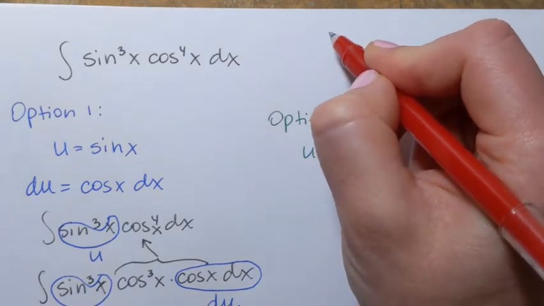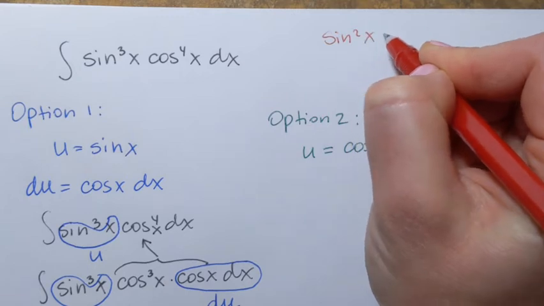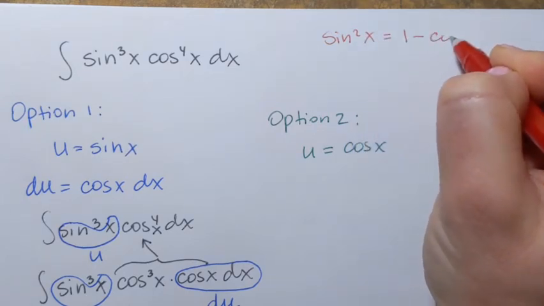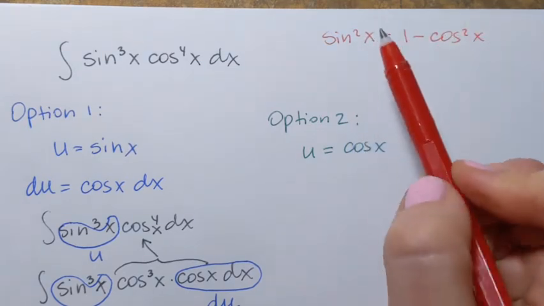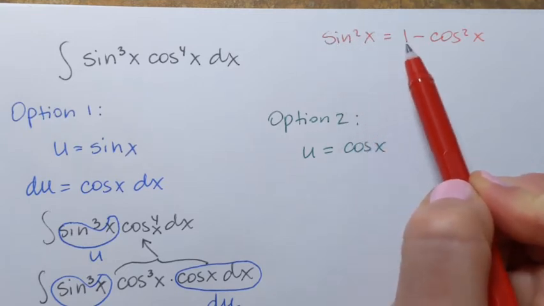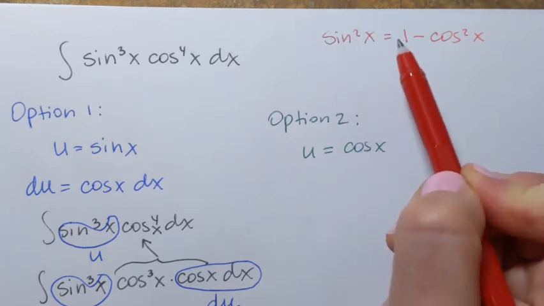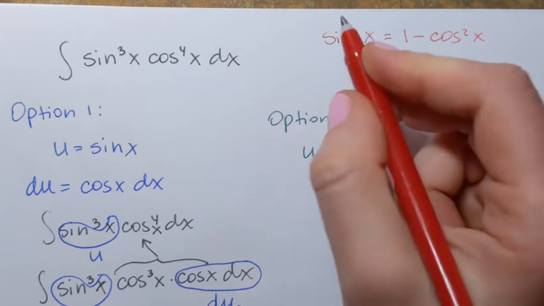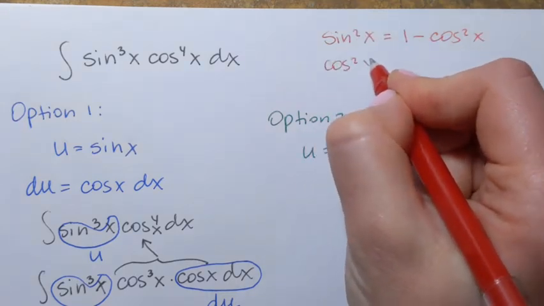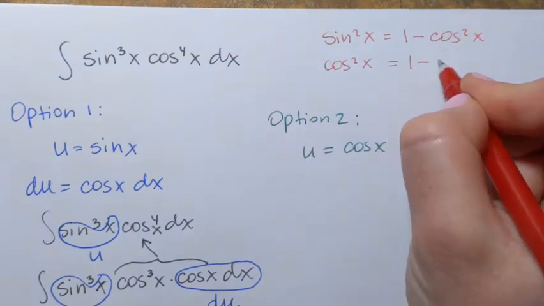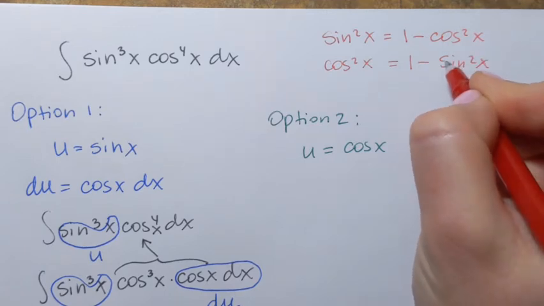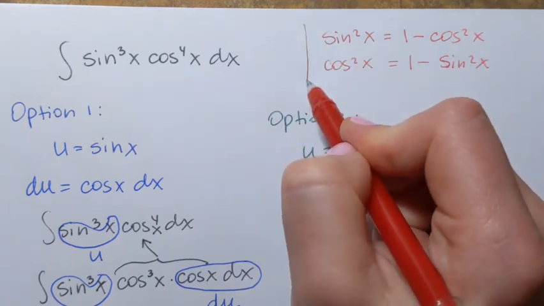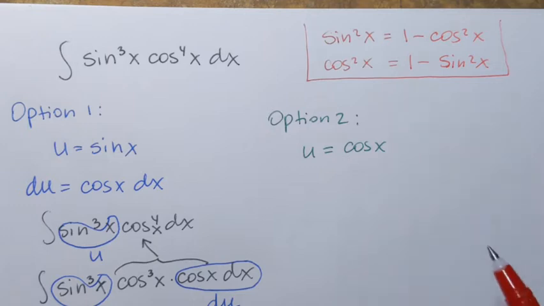So remember that sine squared of x is 1 minus cosine squared of x. In other words, if I have sine squared of x, I can replace that with the expression 1 minus cosine squared of x. Or if I have cosine squared of x, I can replace it with 1 minus sine squared of x. So those are the two basic identities.